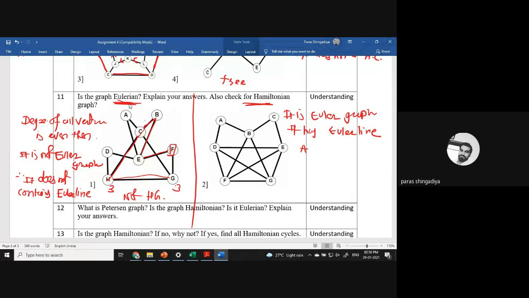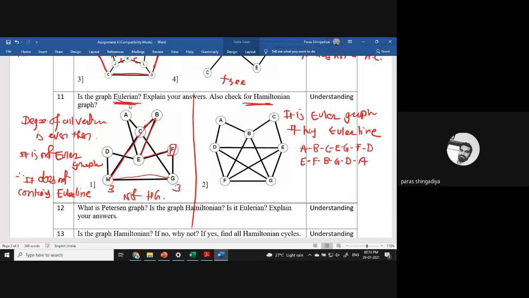Let's start with A to B, B to C, C to E. Then after C to E, E to G, G to F, clear? F to D, the boundary is now done. And now from D, cover the inside edges. D to E, E to F, F to B, B to G, G to D again, and D to A again.